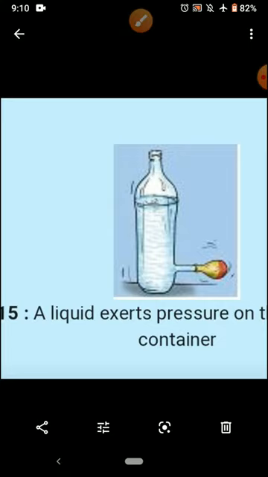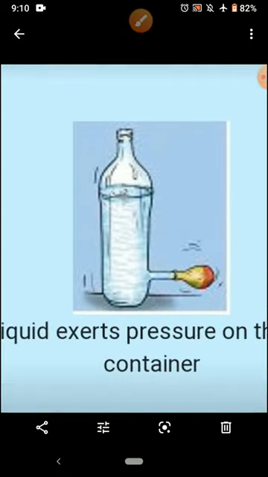The more water in the bottle, the more bulge comes out. That means the more pressure it exerts on the walls.